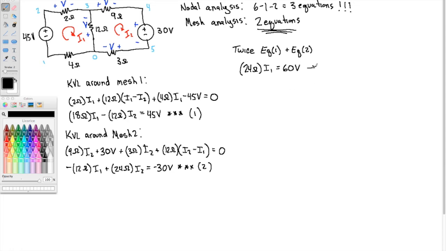And so this immediately implies then that I1 is 60 over 24, and there is a 12 there, so that's 5 over 2, 2.5 amps, because I have volts divided by ohms.